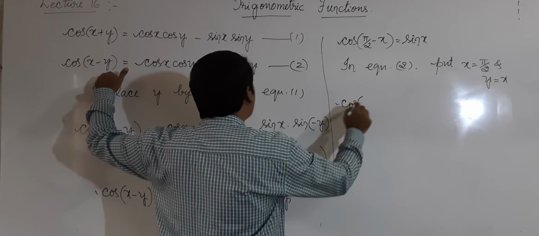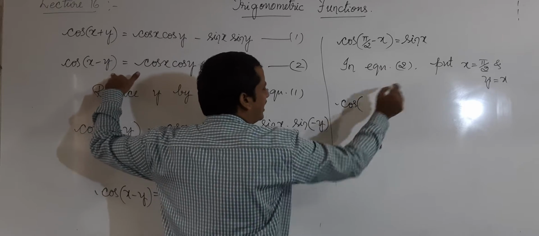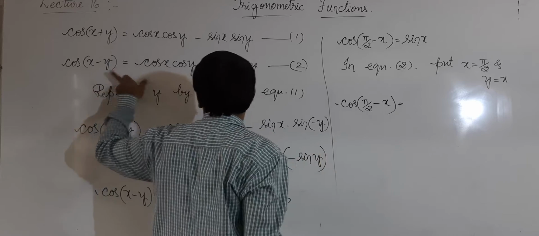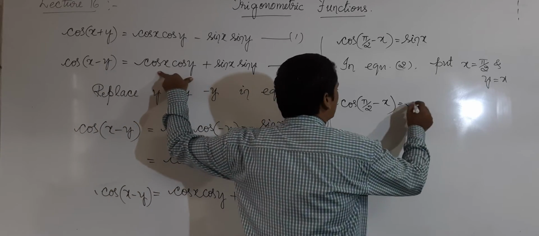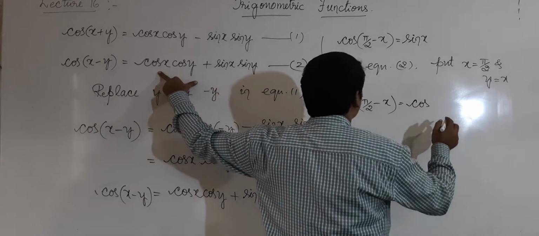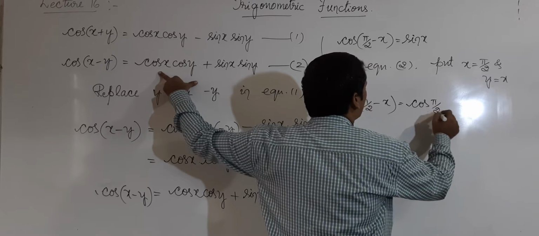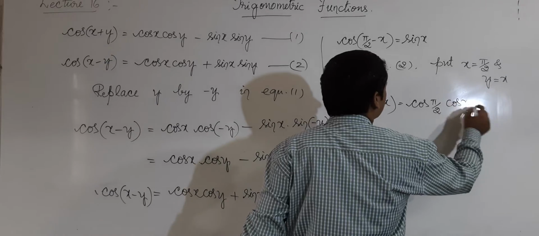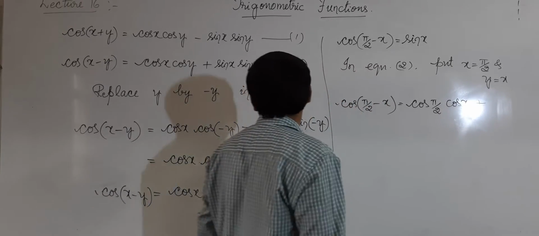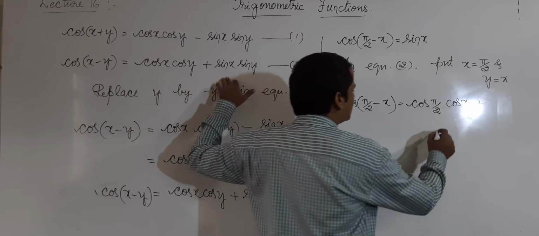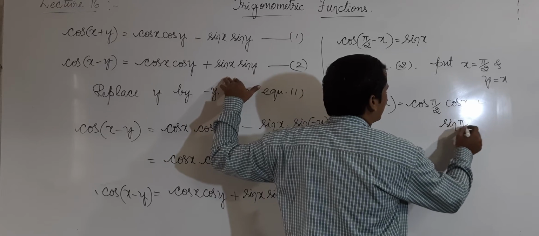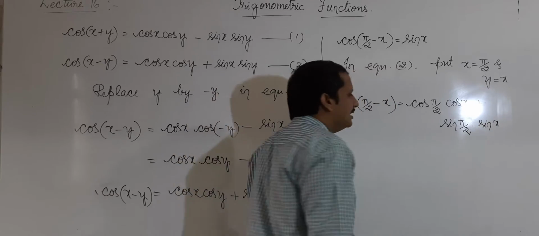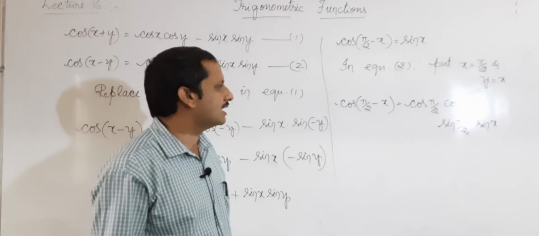Cos of, here you have x minus y, I am writing x as pi by 2 and y as x, that is equal to, let us see what happens on RHS. Cos x, in place of x I am writing pi by 2, into cos y, y is x here, plus sin x sin y, sin x means sin pi by 2 into sin y, y means x here, sin x.